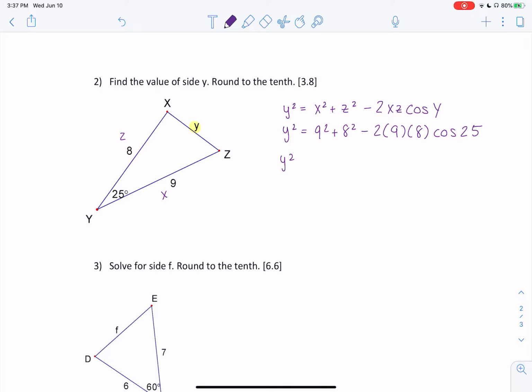And I'm just going to put that all into my calculator. We will get y squared is equal to 14.5. And now just to get y all by itself, we're going to square root both sides, and we will get that y equals 3.8.